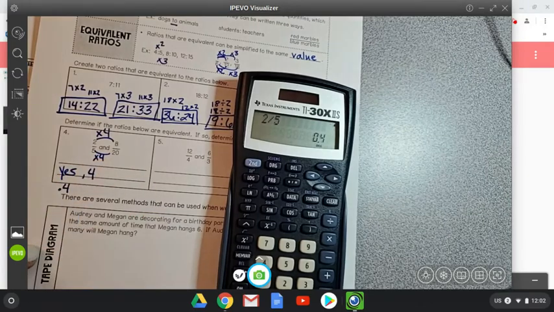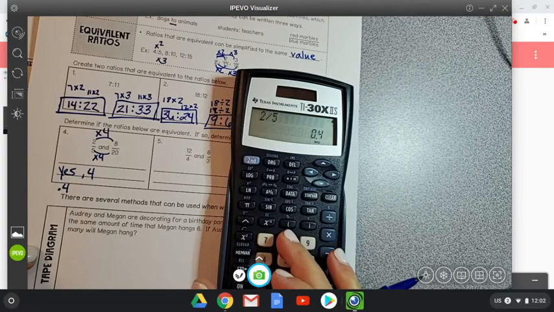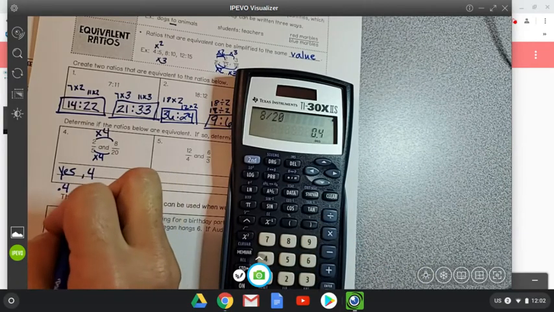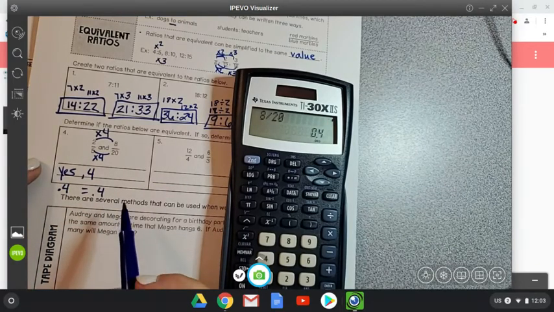Now I need to see if 8 divided by 20 is the same. Is 8 divided by 20 equal to 0.4? And it is. 0.4 is equal to 0.4. So that tells me that these 2 ratios are equivalent because they both equal 0.4 when I divide them.